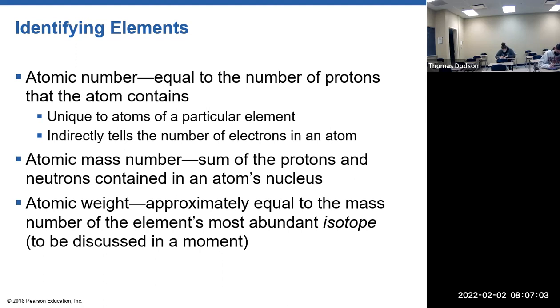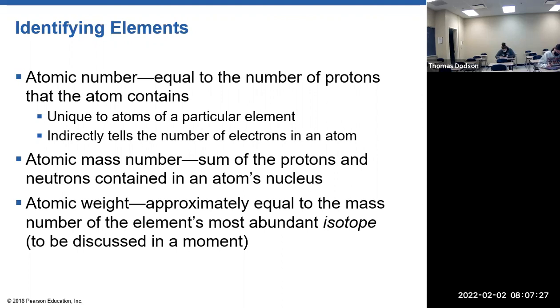That usually will tell you the number of electrons in that atom. Why? Because if you know one and it's neutral, then you should have an equal number of the other. So if you've got two protons, how many electrons are you more than likely going to have if it's neutral? Two. Okay, everybody's good with that, I think.